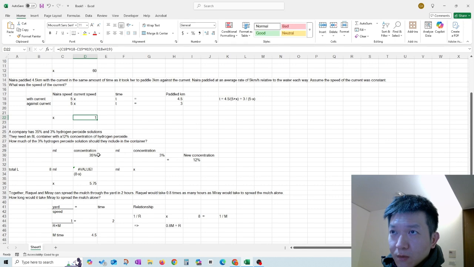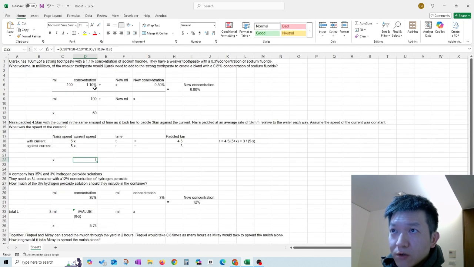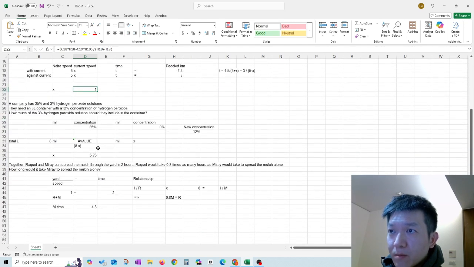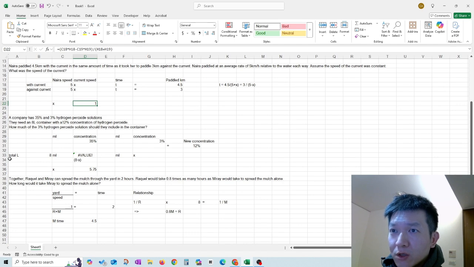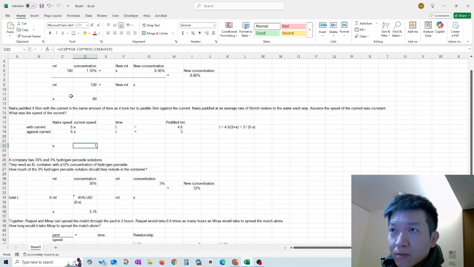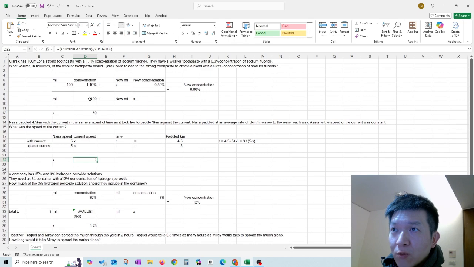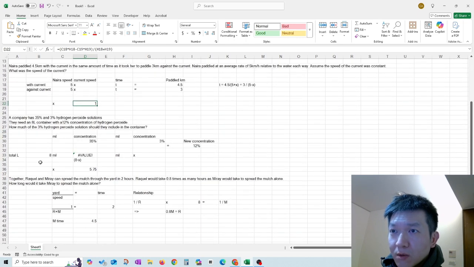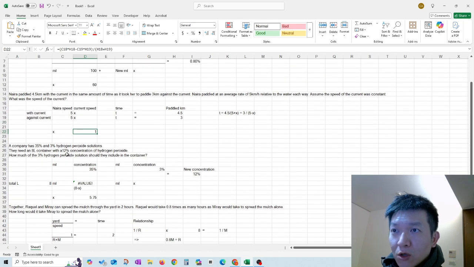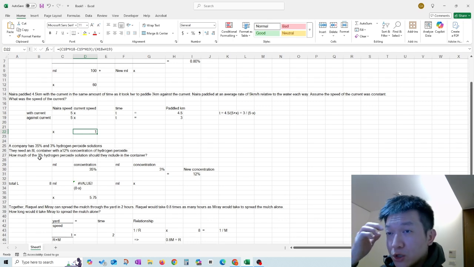So now it is similar to the first one, right? But now we have the total amount of liters, which before was 100 plus x. But now we know it is 8. So if we put down the lower concentration as x, 3% in this case, that is what the question is asking us.